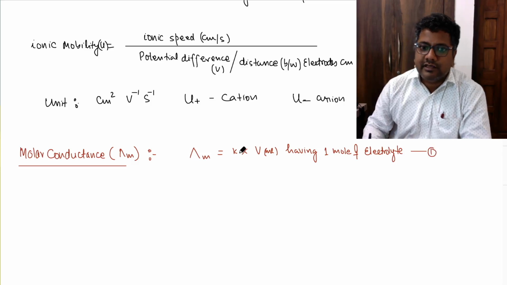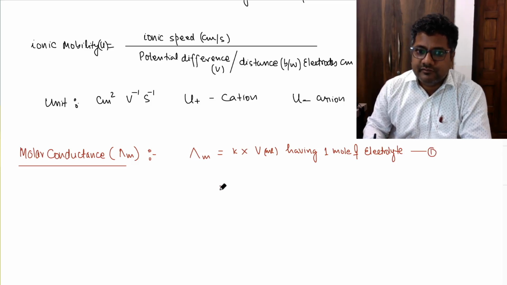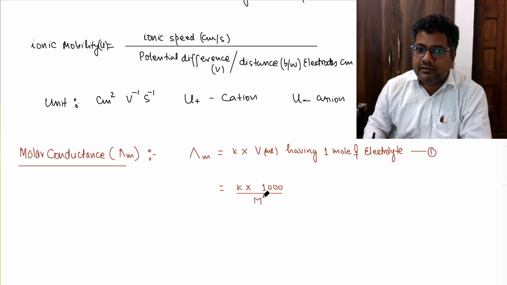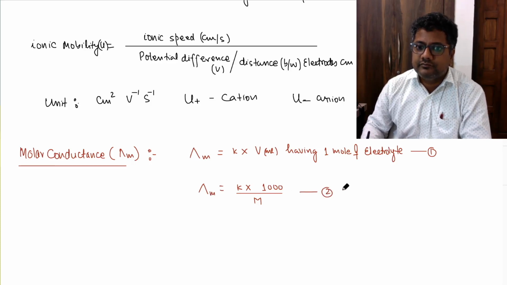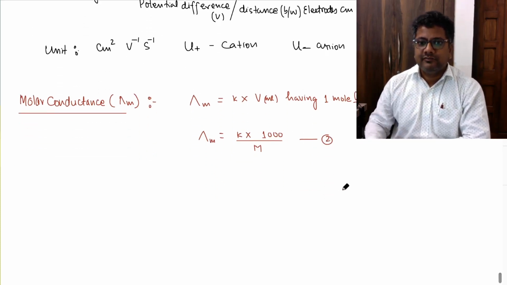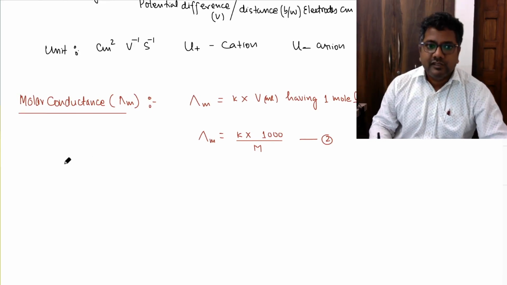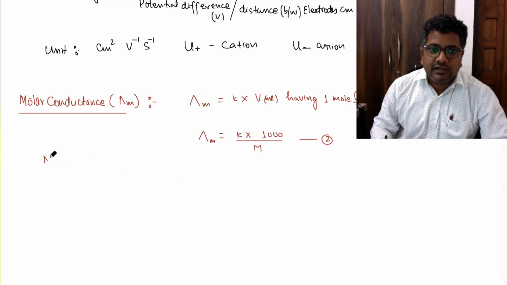So how can we transform it? Kappa into, in place of V, we can write 1000 by molarity. How?